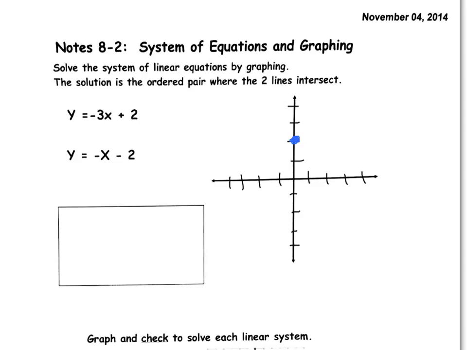And then the slope is negative 3 over 1, so I'm going to go down 3 over 1. I can do this a few times, just to make sure that I have a straight line. And then I'm going to draw a line through there.